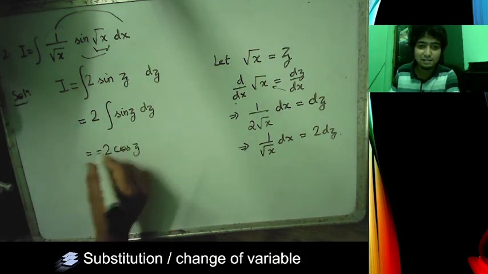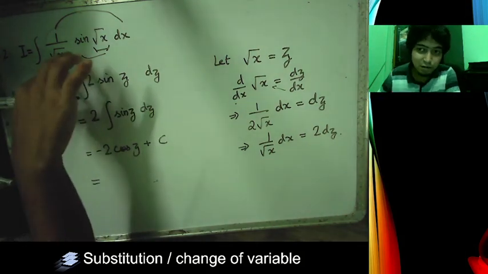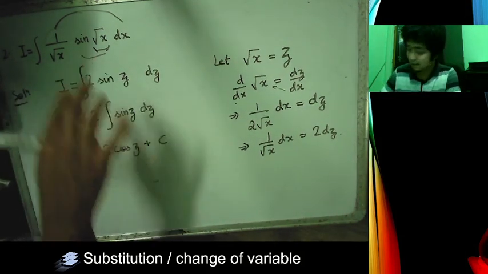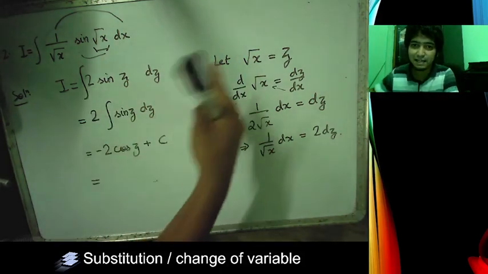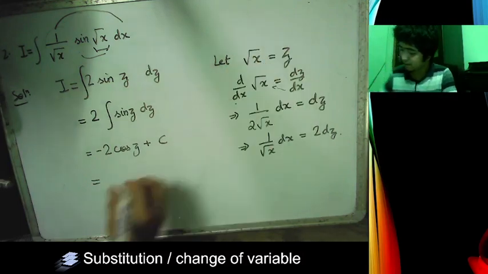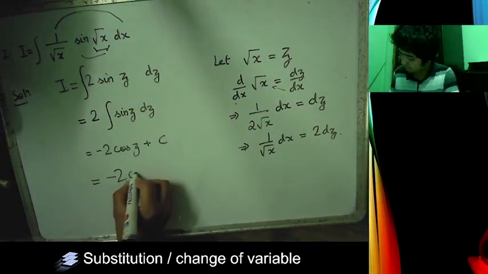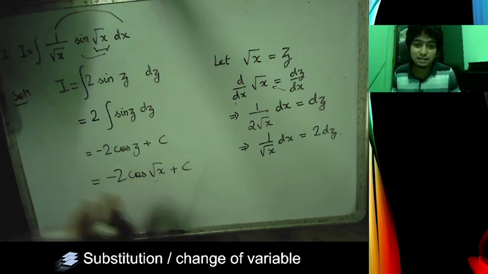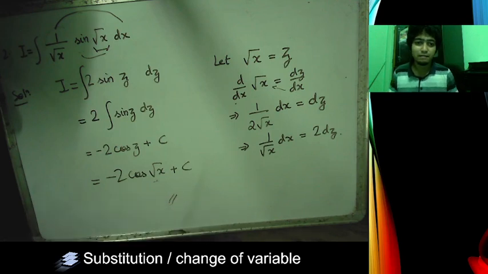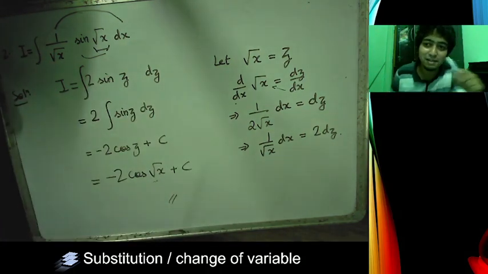Integration of sine, it's minus cos plus c. Original problem was in terms of x. The solution is in terms of z. So we will have to change z again into x by using what we originally substituted. So this is the final solution. Again, how do we know that we have arrived at a solution? It's when there is no more integral sign.